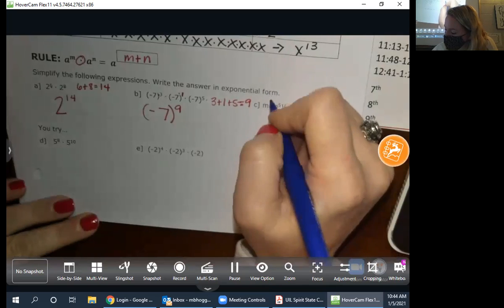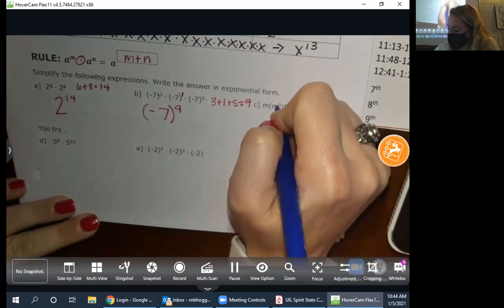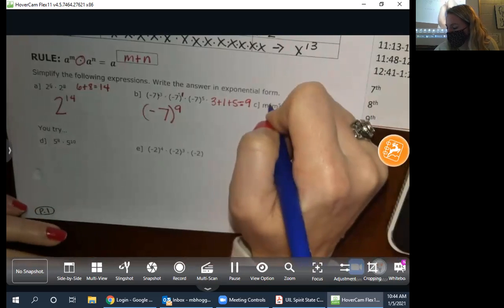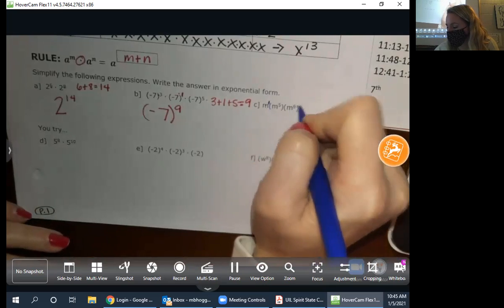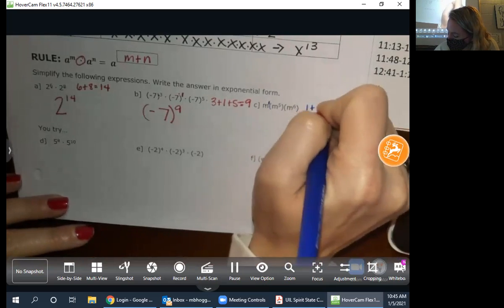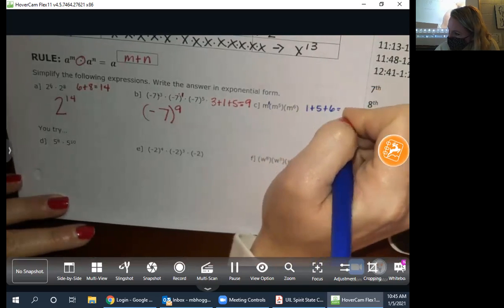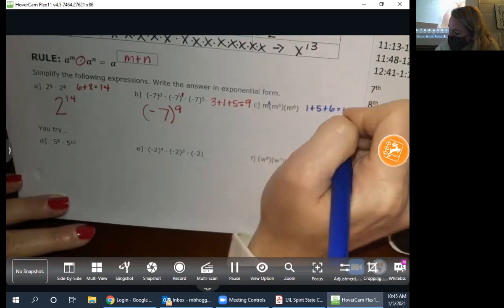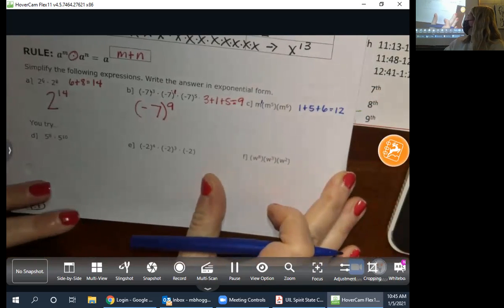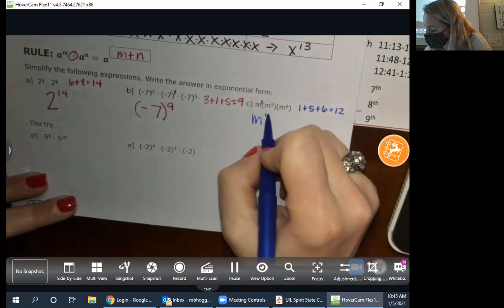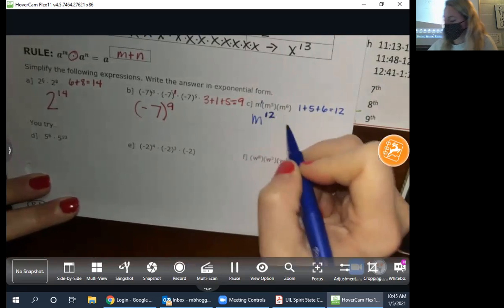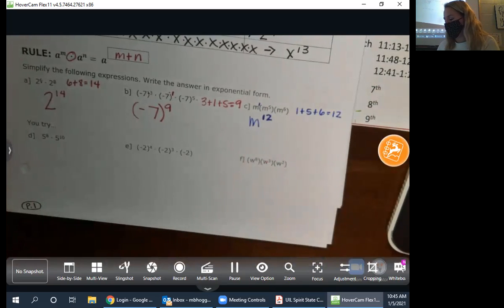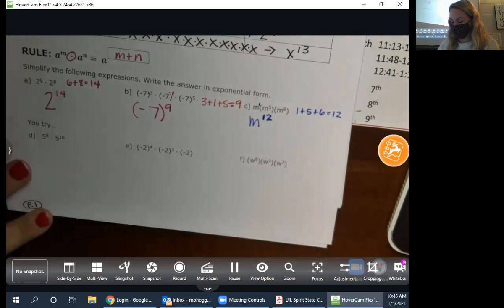So what you have really here is m, and then 5 m's, and then 6 m's. So that's 1 m plus 5 m plus 6 m's. 1 plus 5 plus 6 is 12, right? So our answer is m to the 12th. Keep your base the same. Make sure you know it's not 12m. It's m to the 12th.